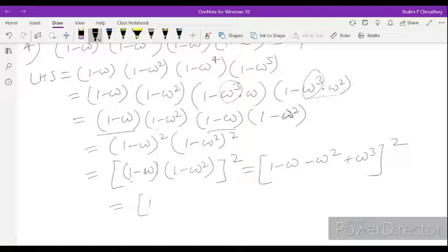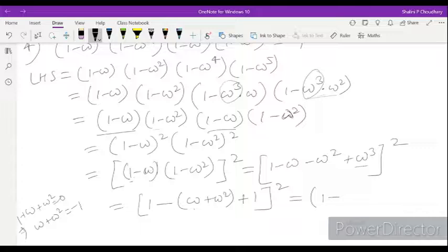So it will be equal to [1 minus (omega plus omega square) plus omega cube] whole square, where omega cube is equal to 1. Since 1 plus omega plus omega square is equal to 0, omega plus omega square is equal to minus 1.